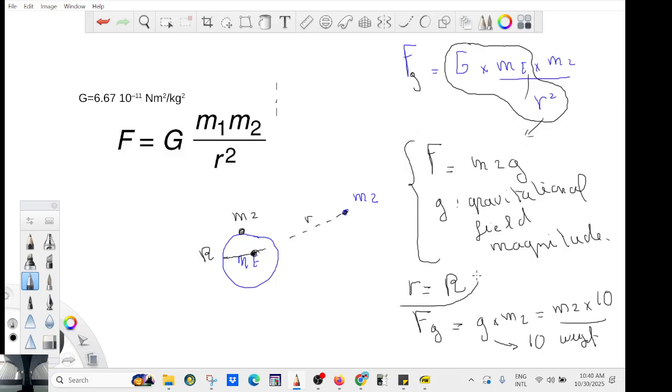Okay, if the distance from the center of the Earth is just the radius. So we did that last time. Do you agree? We did compute that the acceleration due to gravity equals G, okay, times the mass of the Earth over the radius of the Earth squared. So this is called the gravitational field.